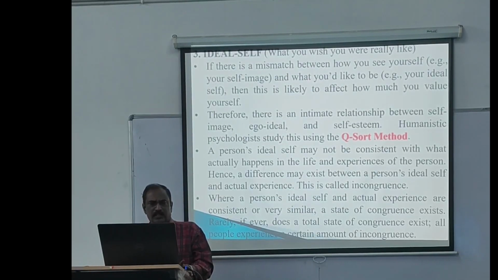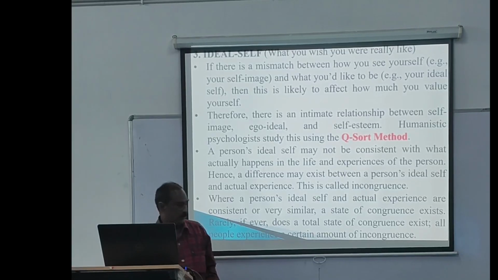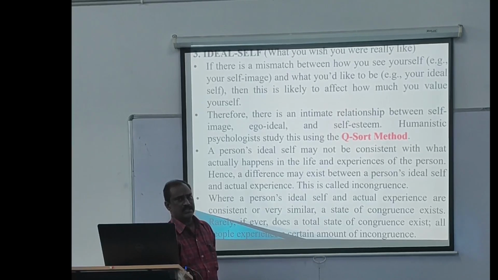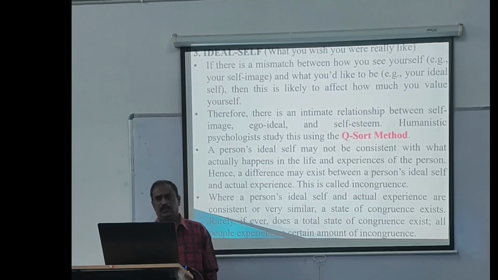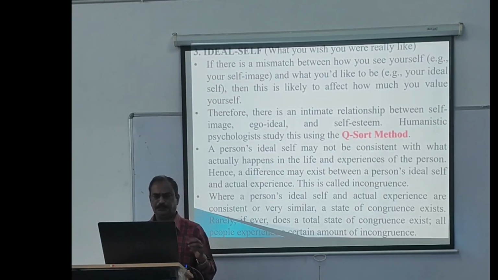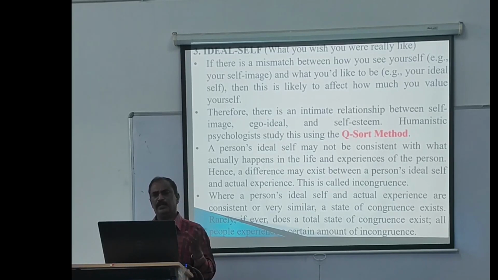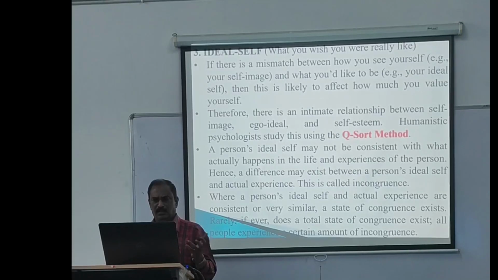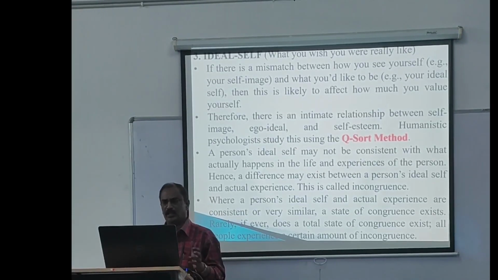Humanistic psychologists study this using the Q-sort method. This is the Q-sort method. This is a good technique in statistics. By this method we can see the intimate relationship between self-image, ego ideal, and self-esteem, and humanistic self-esteem.